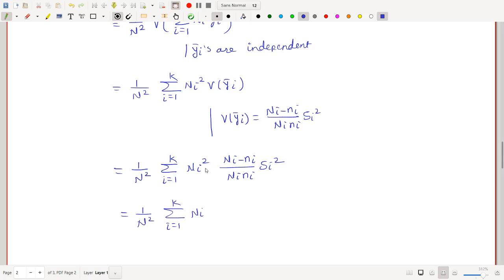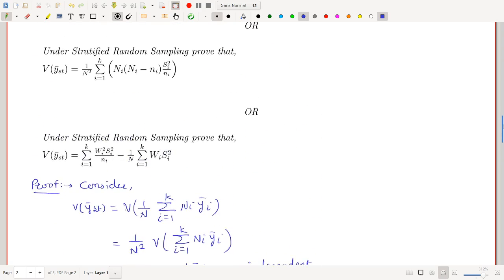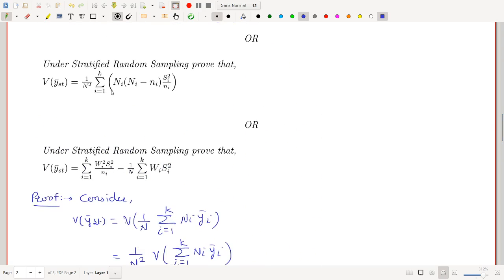I can write this as Ni into (Ni minus ni), and here it is Si square upon ni. So this is the variance of y bar st in terms of Ni's.